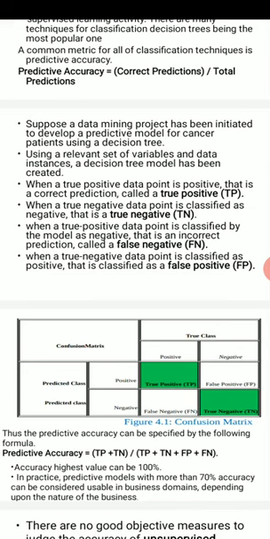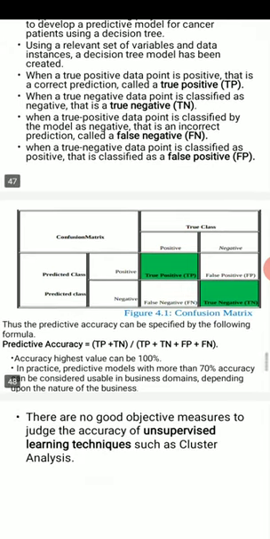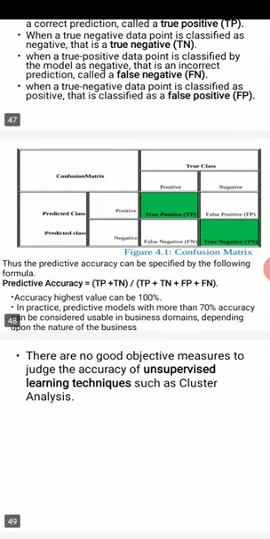We have come across an example of a cancer patient, right? And here false positive and false negative are the most dangerous things. To calculate predictive accuracy, we take total positive plus total negative divided by all, that is the sum of total positive, total negative, false positive and false negative.